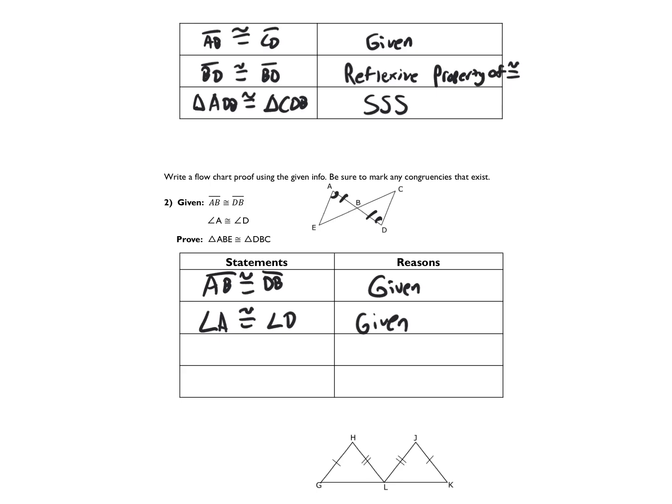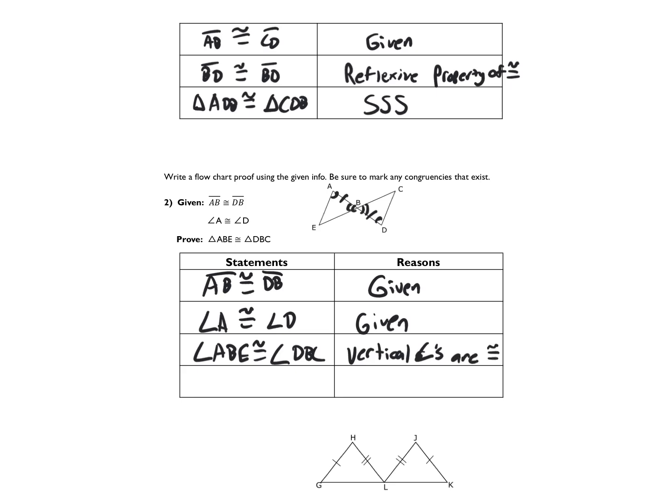Now, one more thing we can infer from the drawing is that we have a pair of vertical angles. We have angle ABE is congruent to angle DBC, and we can go ahead and mark those with double arc marks, because of the vertical angle theorem, or you could say vertical angles are congruent.